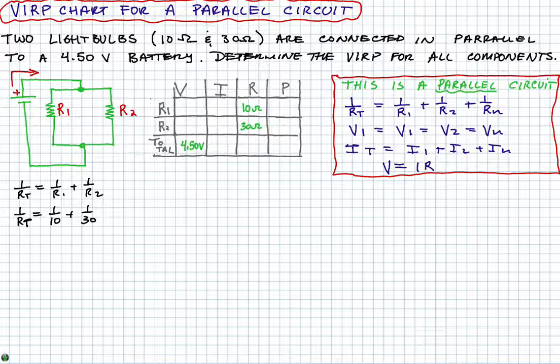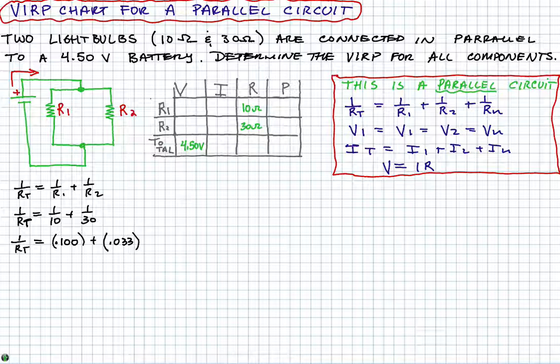So I'm just going to convert the two fractions to decimals. 1 over RT is equal to 0.100, that is 1/10, plus 1 over 30, which is 0.033 repeating. But I think 0.033 is enough.